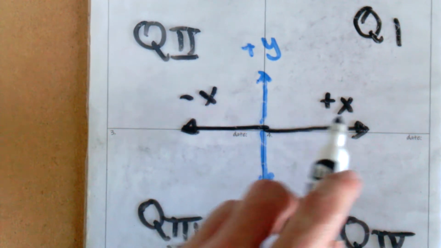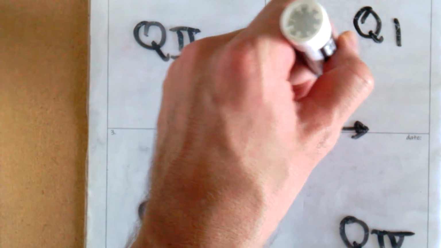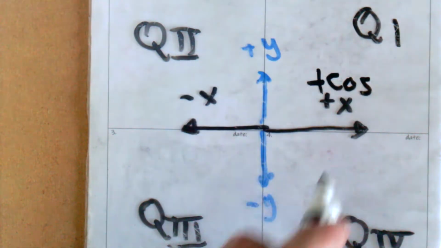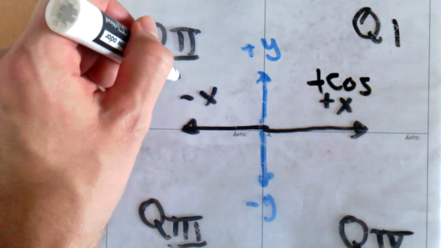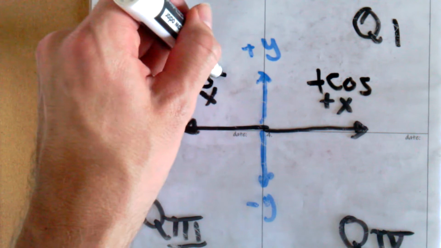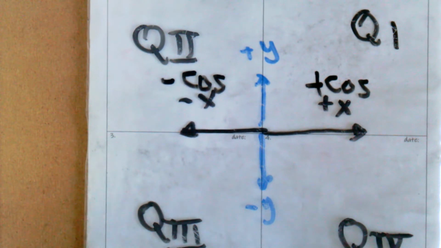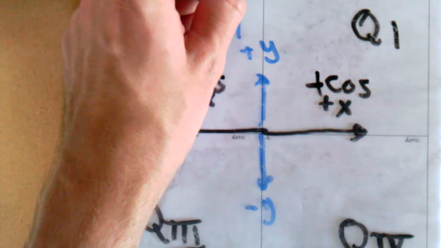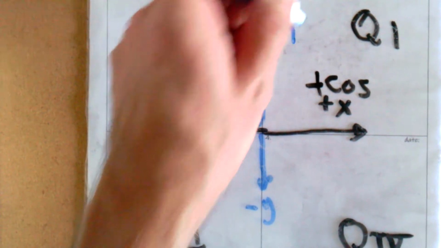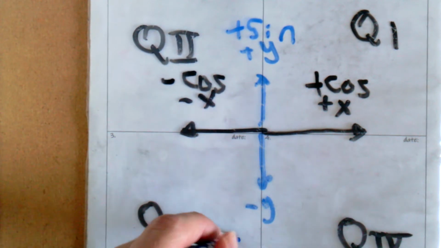So as we go to the right, cosine is positive. As we go to the left, cosine is negative. And similarly, since y corresponds to sine on the unit circle, as we go up, sine is positive. And as we go down, sine is negative.